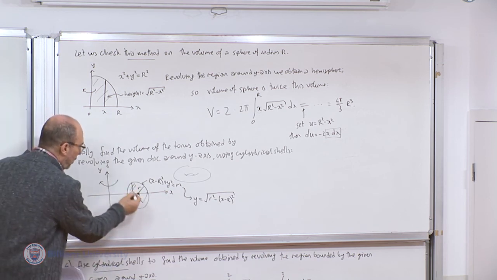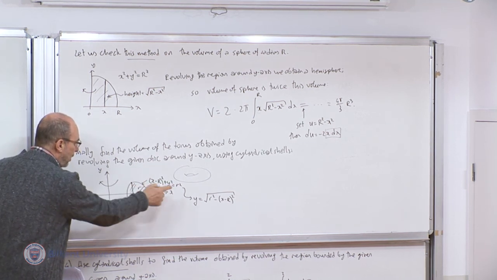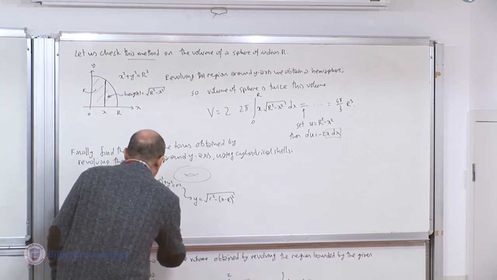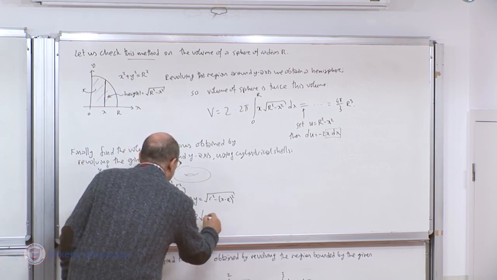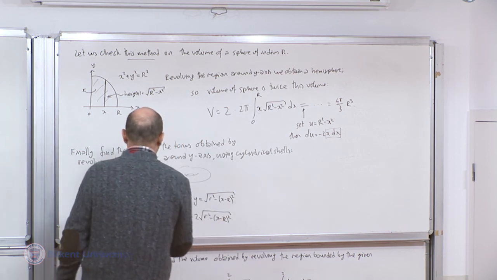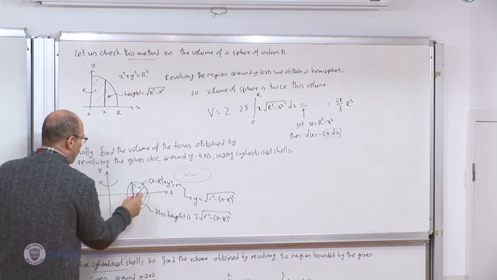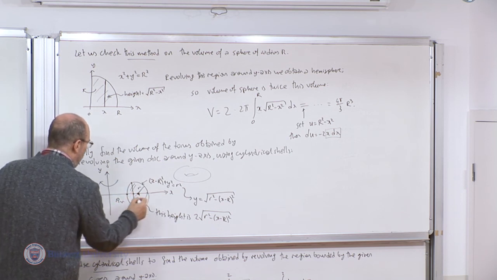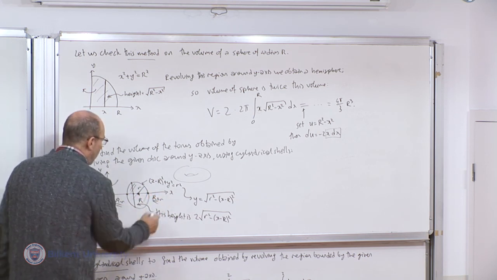And actually the total height is twice that, since this part is the positive y, this part is the negative y, so this height is 2 times the square root of r squared minus (x minus R) squared. Now I calculate this height from this point to this point, so I need to find these points also. This is R minus r, and this point is R plus r. Okay, so these are the end points.